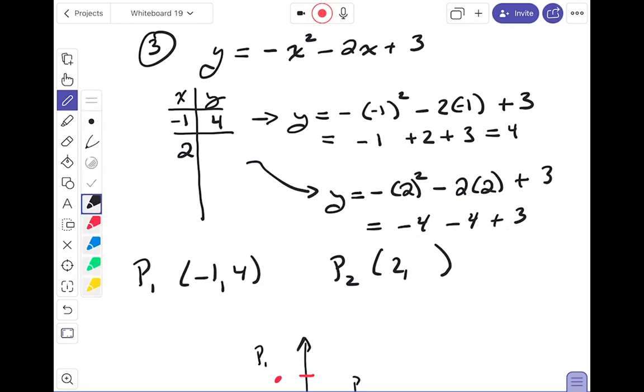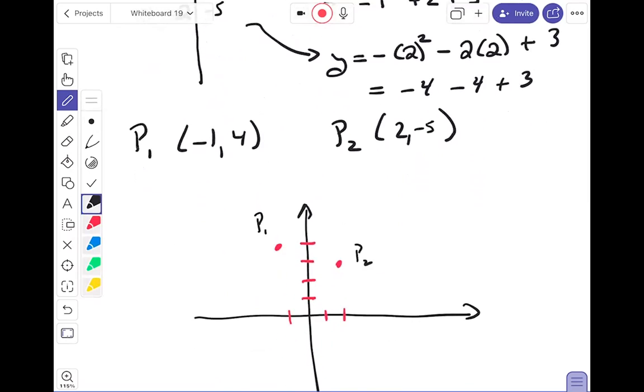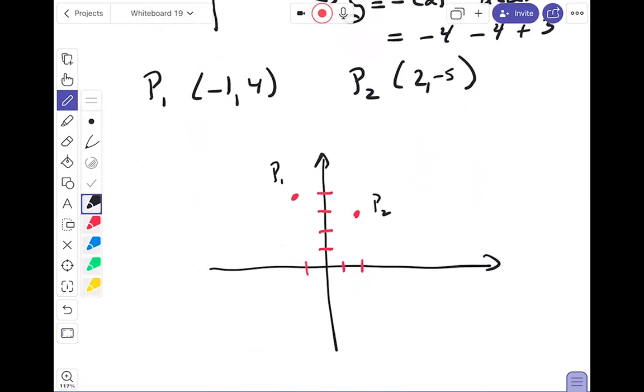This is minus 5. All right. Again, it could be another mistake. I'm not saying it's not. I know I did P2 wrong. I got to erase it now. This is not correct. And it's 2, minus 5, isn't it? So 2 over and then 5 down. So that's approximately where P2 is.